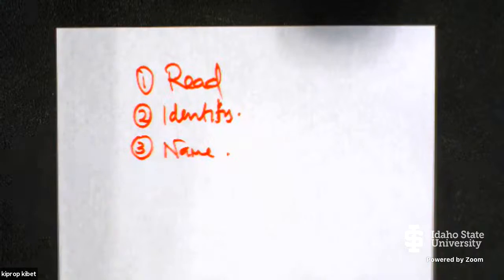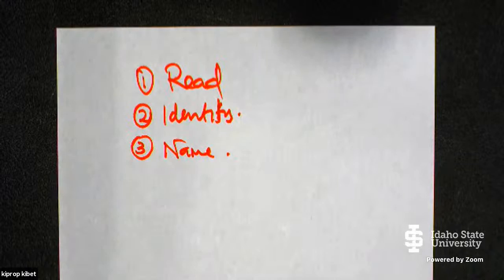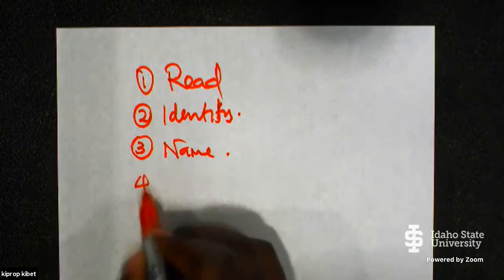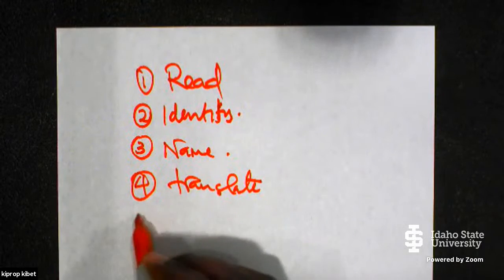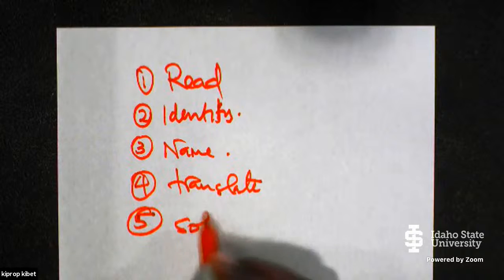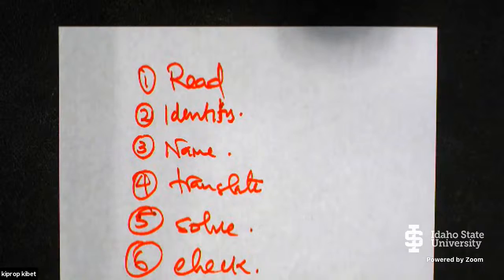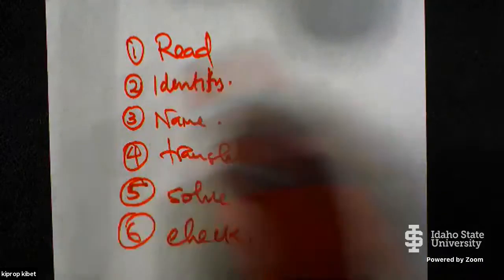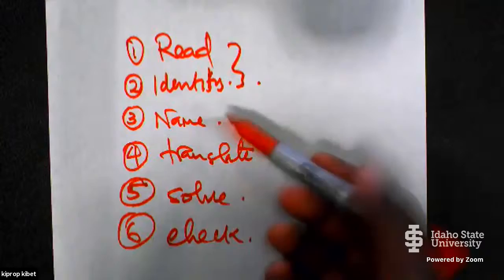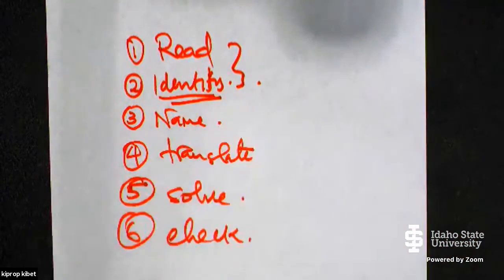You can use any name there to name the unknown. Then number three, you can translate. Then number five, you can solve. And then number six, you check if what you're doing is correct. So the very important things here are number one and number two. Make sure you read, and then you identify what you're looking for.